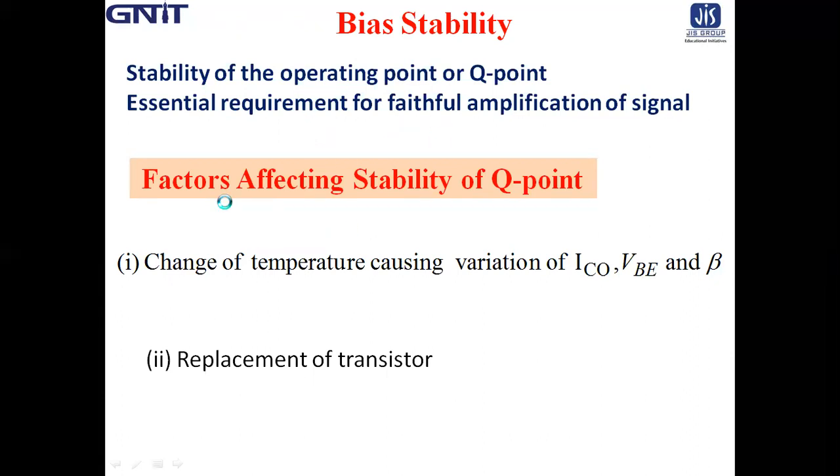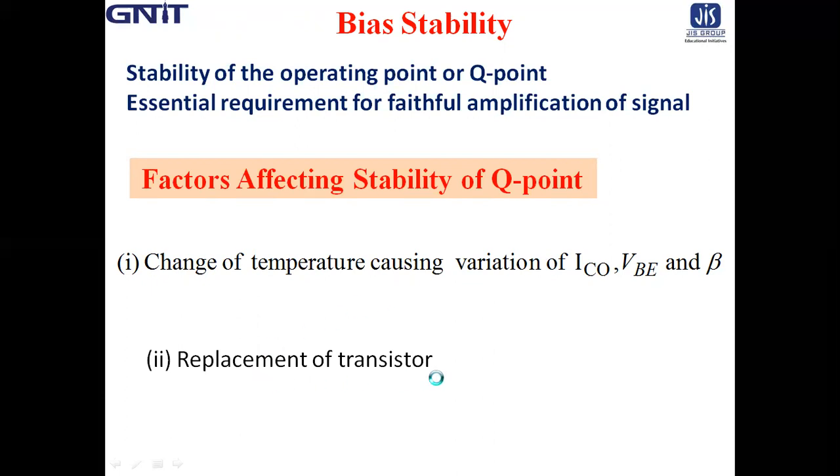So what are the factors affecting the stability of Q point? First is the change of temperature, causing variation of reverse saturation current ICO, base to emitter voltage VBE, and common emitter current gain beta of the transistor.